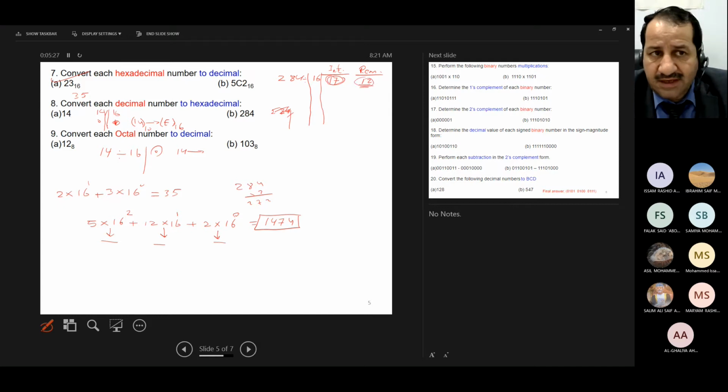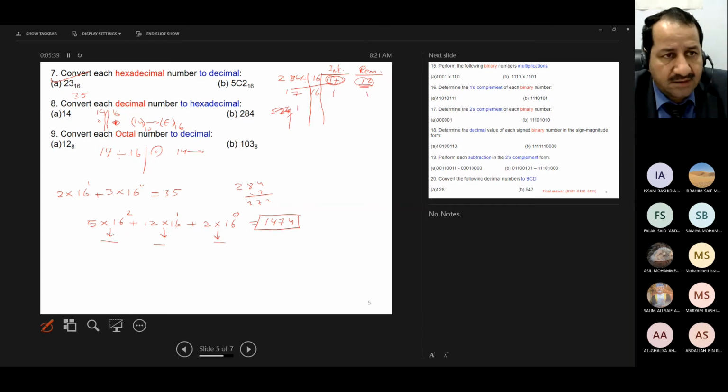This will be the least significant bit. I go further. 17 divided by 16. Okay, we have 1, and the remainder is again 1. 1 by 16, we cannot, and so on. So this is 1. Remainder is 1. Okay. So then we write C, 12. 12, is it A or B or C or D or E or F?